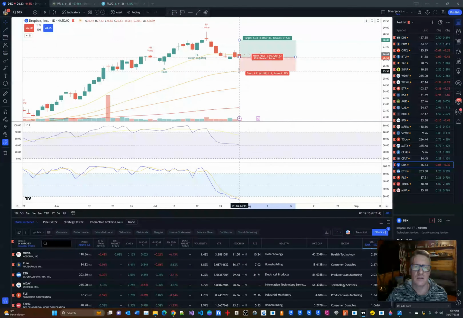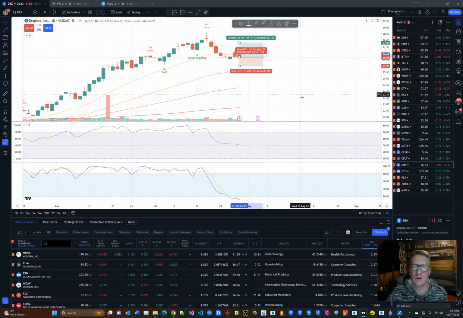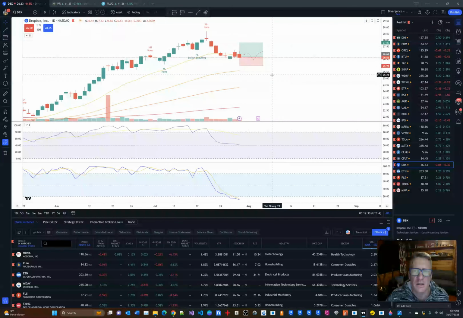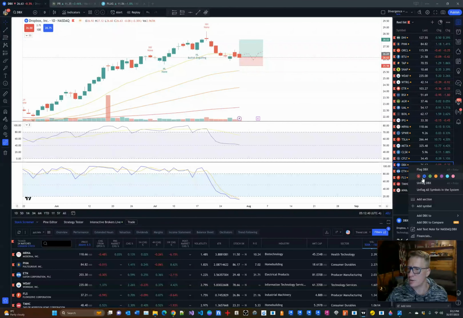We'd set the stop loss just below the previous swing low, and we would set our target here to be safe at 1.5-ish, giving us just over 4% return on this one. It's not bad. I think we can hit that quite easily. In fact, we can probably increase this a bit to 5%, and I think that should do it. Yes, definitely. Dropbox is one that we'll be looking at.